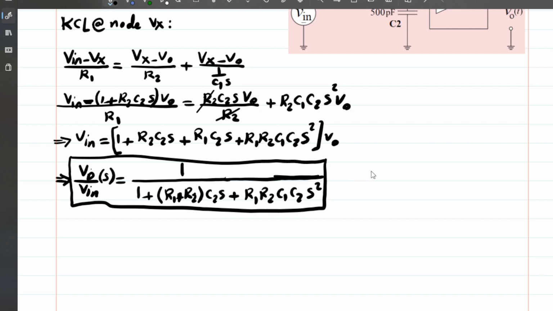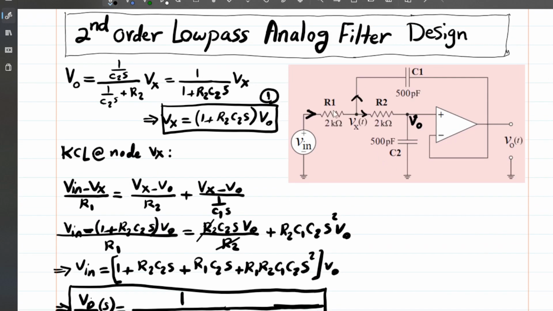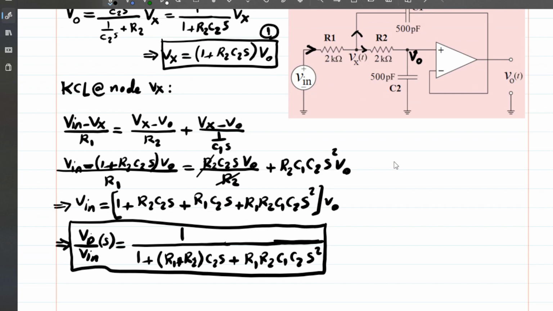Now, if you're interested, we can apply the values here. R1 and R2 are 2 kilo ohm, and C1 is 500 picofarad, and C2 is 500 picofarad as well. So we have 1 plus, R1 plus R2 is 2K plus 2K, that's 4K, times C2.